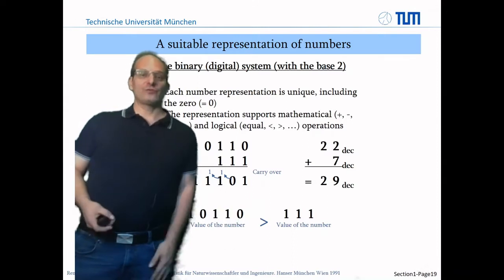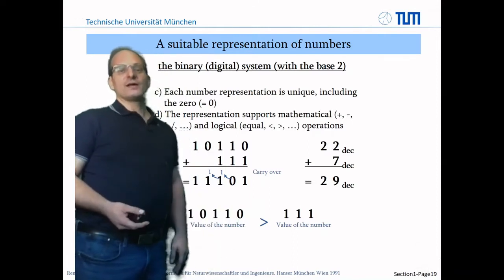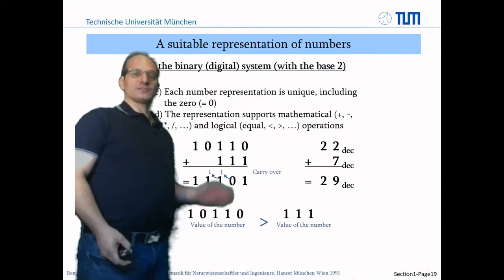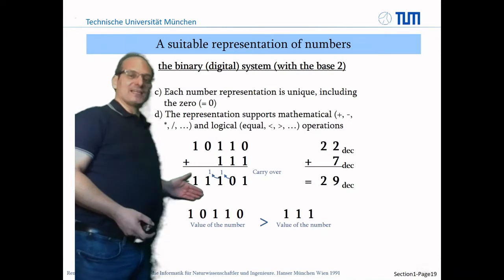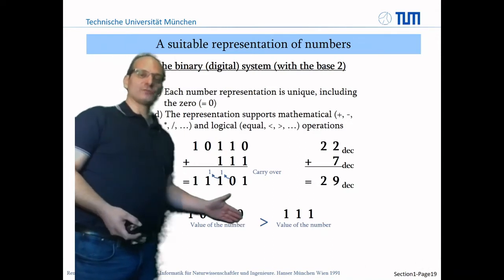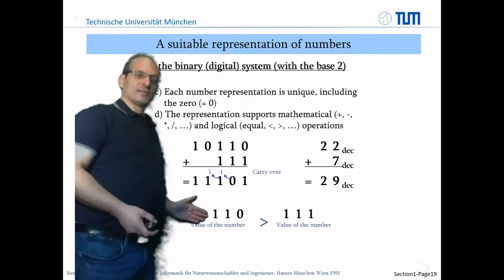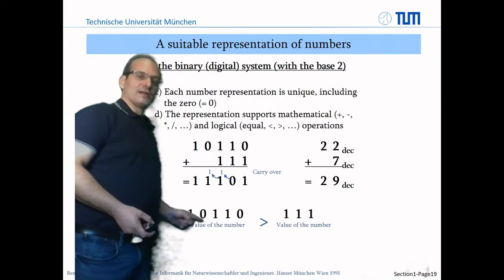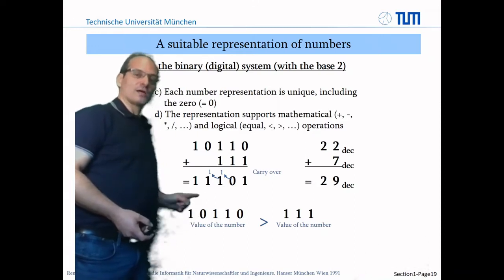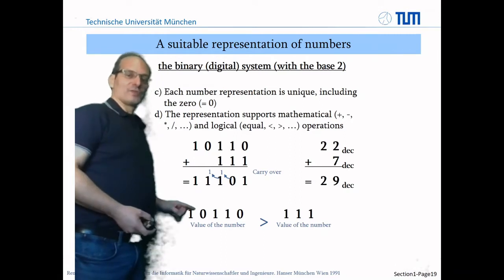So you can do the addition, and if you can do the addition, you can also do the multiplication, because several times of addition is a multiplication. And exactly the same way as with the base 10 system, you can compare the numbers just according to the positions. If you have a number which has more valued positions than the other, then you know it's bigger.